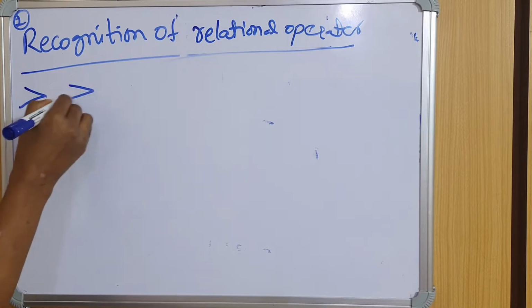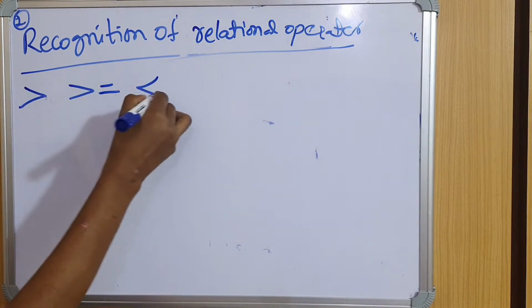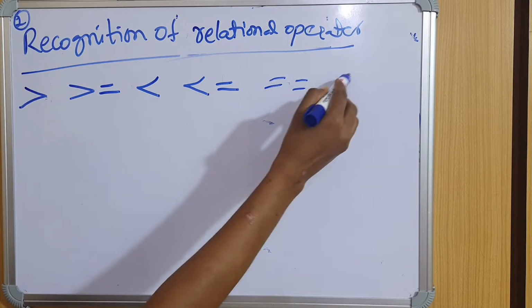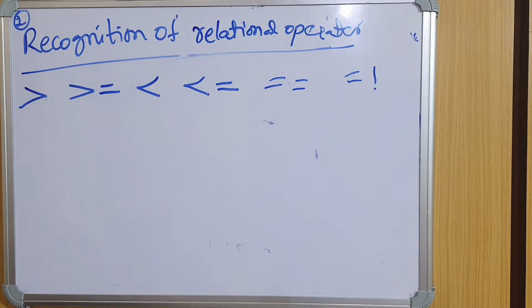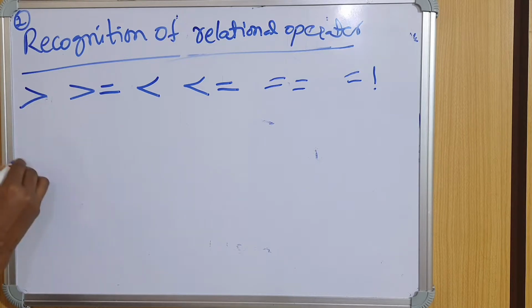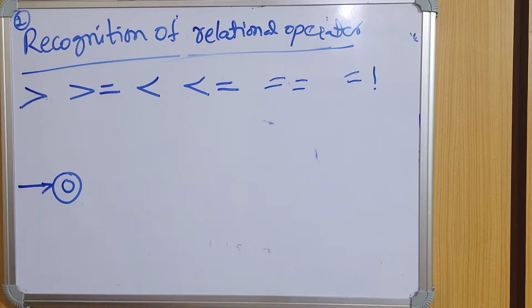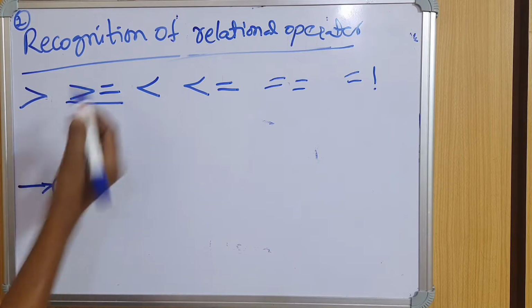Greater than or equals to, less than or equals to, double equals to, not equals to. These all are the relational operators. Now you draw the transition diagram for this. Initially you will start with 0. What is the first symbol? First you consider greater than or equals to.